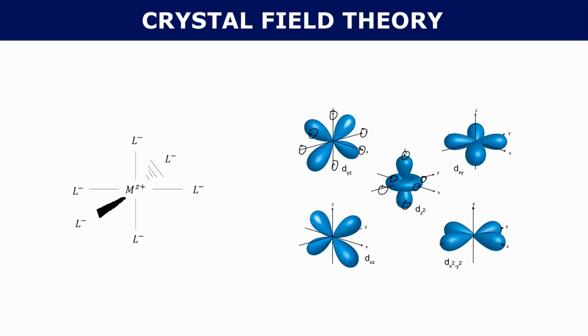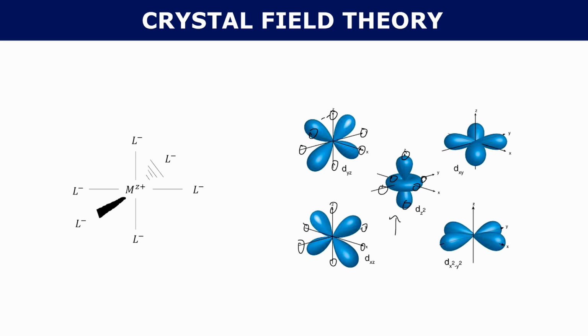If you look at that one, the repulsion is going to be less, and that's because the negative charges of the ligands are further away from the electrons. But if you look at this diagram here, if you look at this orbital, the electrons are right next to the ligands, meaning you face more repulsion. It's the same for this one. The ligands would be here, and those electron clouds are further away from the ligands, so you face less repulsion.